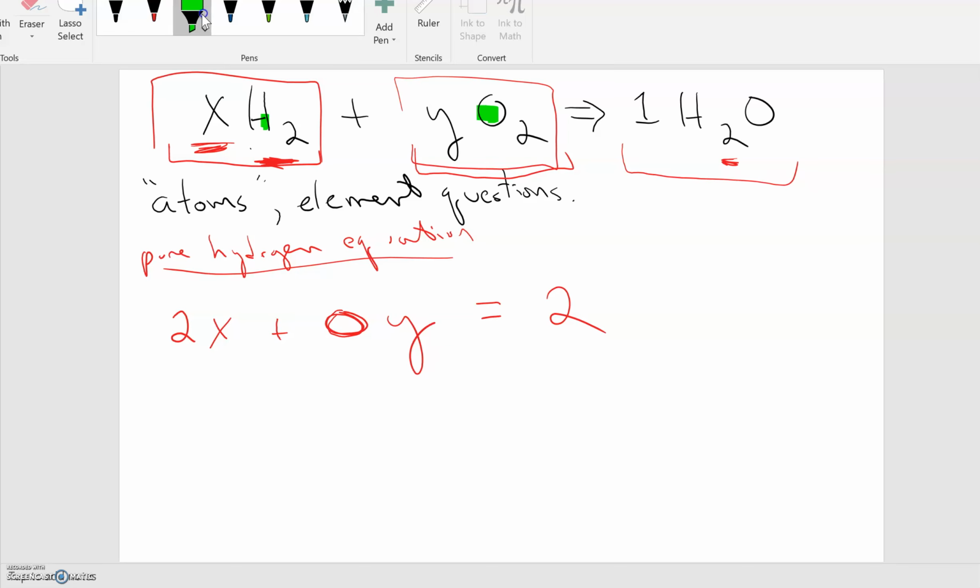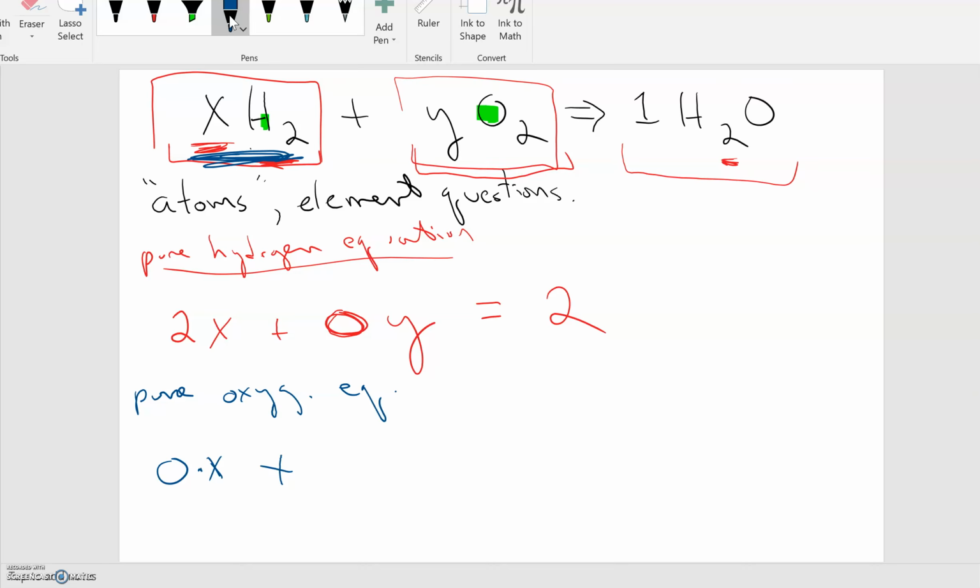And then similarly, we can write a pure oxygen equation. We think of the same thing. How many oxygens are contributed by H2? Well, 0 oxygen atoms times X molecules.